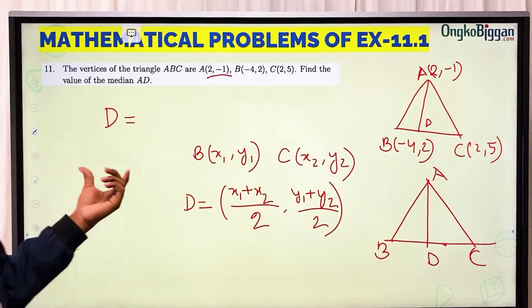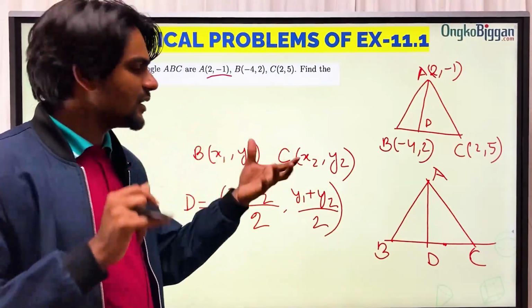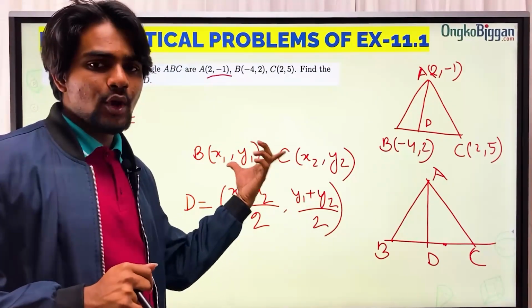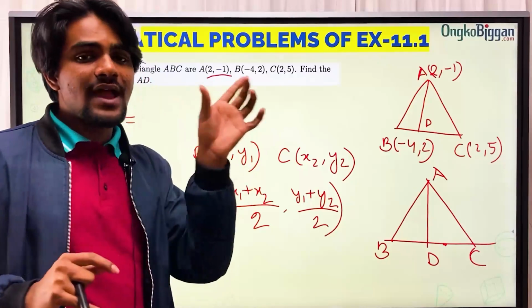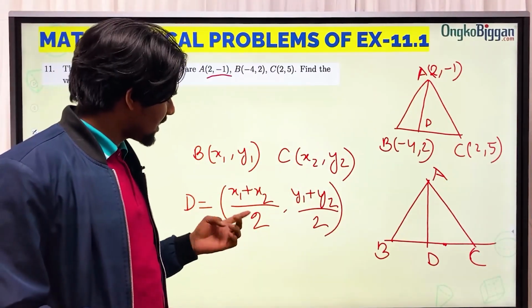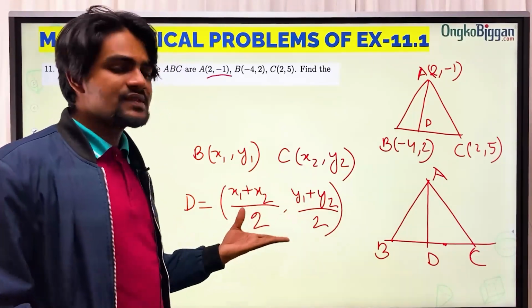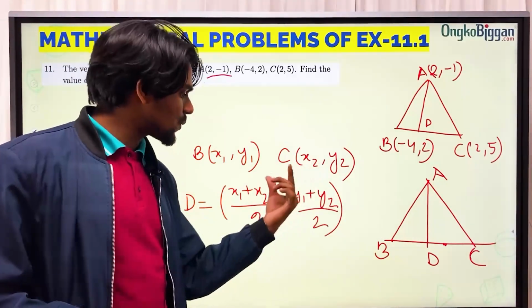So this is the way of finding the midpoint of a line joining two points. If I join the points B and C and want to find the midpoint of the line segment, you have to use this formula: x1 plus x2 by 2, comma, y1 plus y2 by 2.